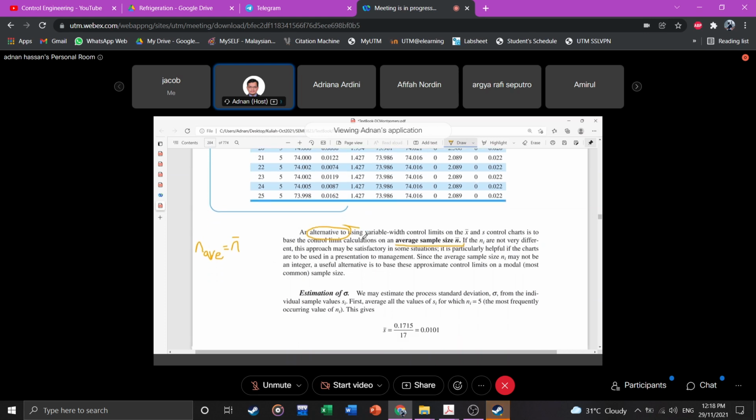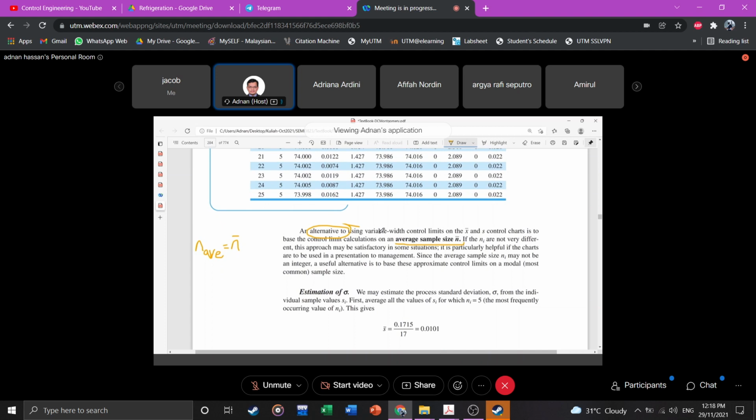Using variable width of control limit in the x bar and s control chart is to base the control limit calculation on the average sample size n.